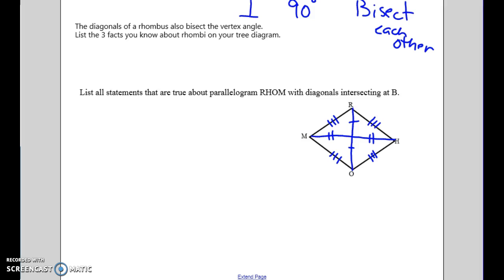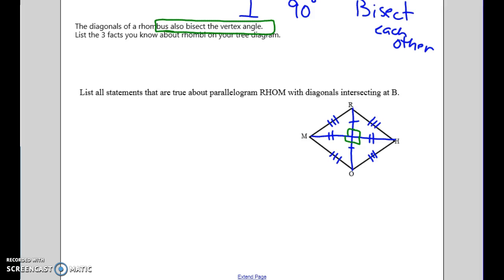What we just learned now is that these angles right here are 90 degrees. Are we okay with that? Always, always, always, forever, forever in a rhombus. This is what we know every single time. The only part that I haven't taught you yet is that the diagonals of a rhombus bisect their vertex angle.